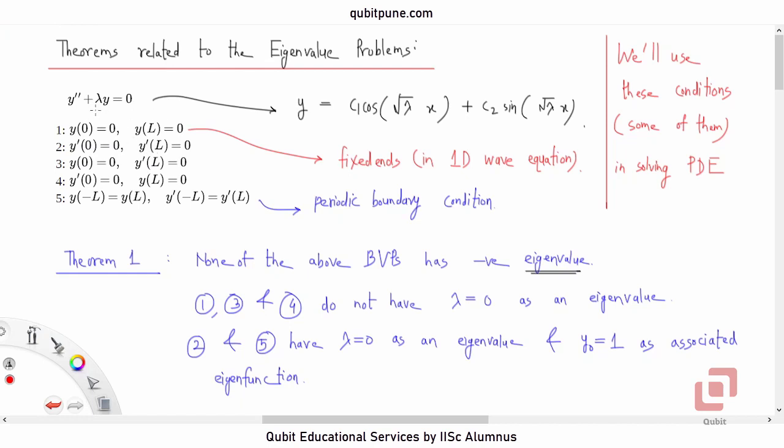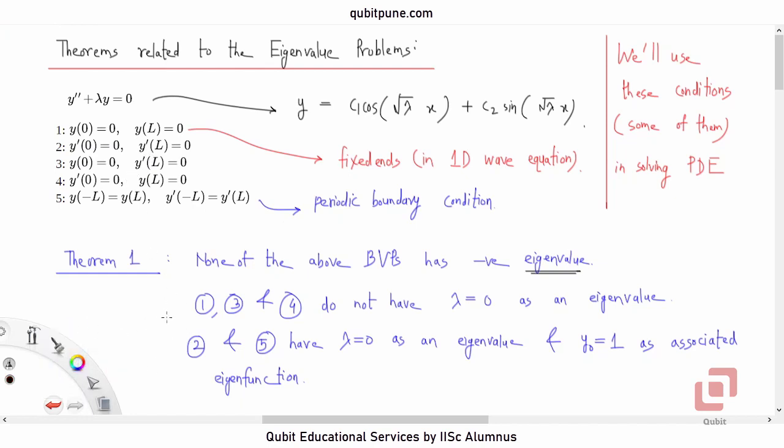And it is obvious now, because when you take lambda to be negative, the differential equation's auxiliary equation is going to have real roots, which means you're going to get two linearly independent exponential functions which are never 0. Correct? So you are forced to take the values of the arbitrary constants to be zeros, and therefore your lambda can't be negative, at least for the following boundary value problems.